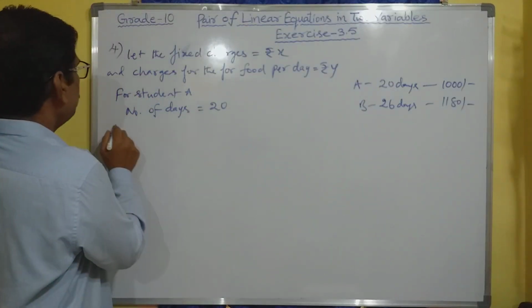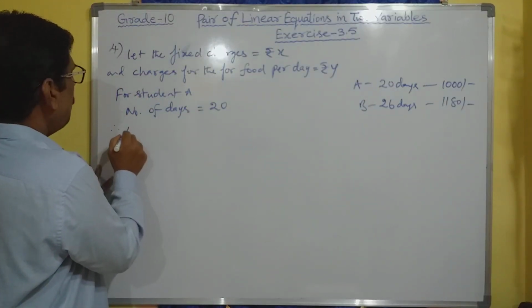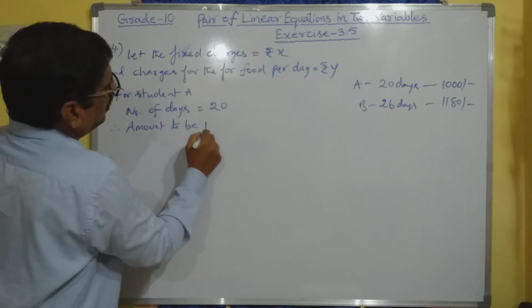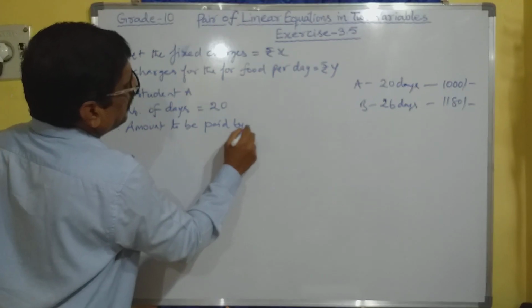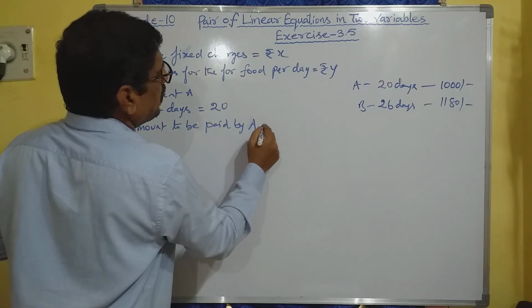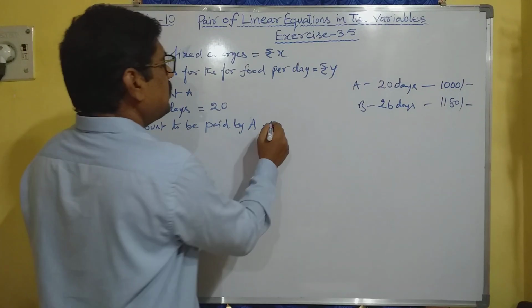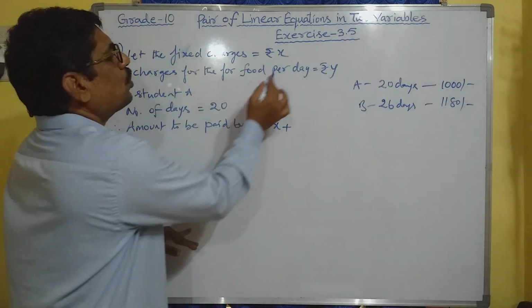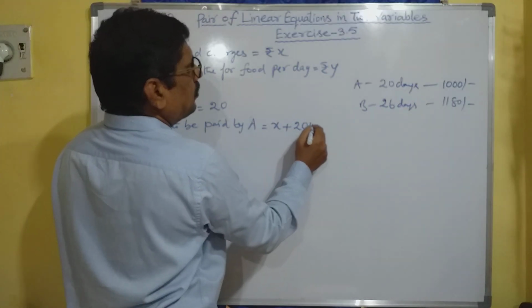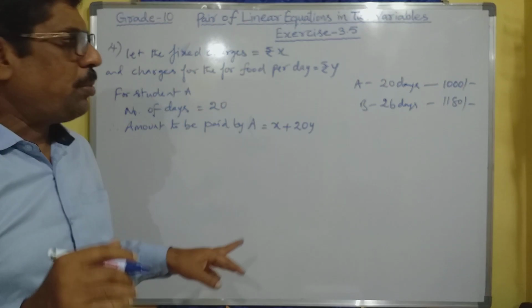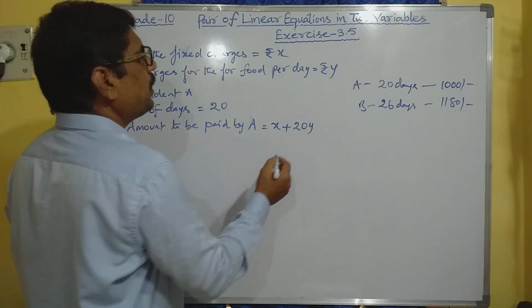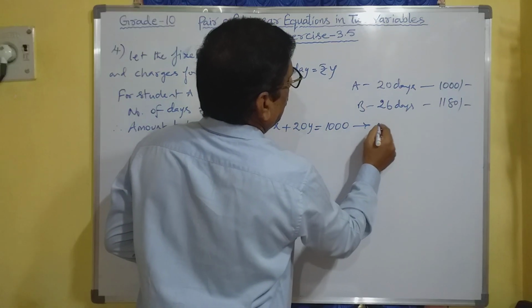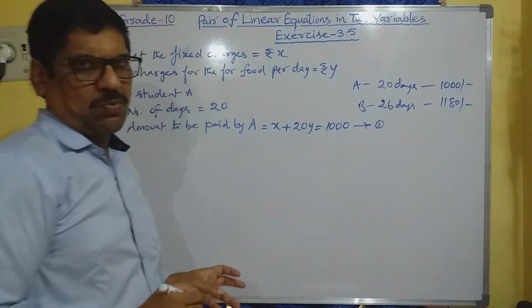Therefore, the amount to be paid by the student A is equal to the fixed charges X rupees, and he stayed in the hostel for 20 days, so 20 into Y. Why? Because for each day the amount to be paid is Y rupees. So X plus 20Y is equal to 1000 rupees. He has paid 1000 rupees. Let us take this as equation 1.